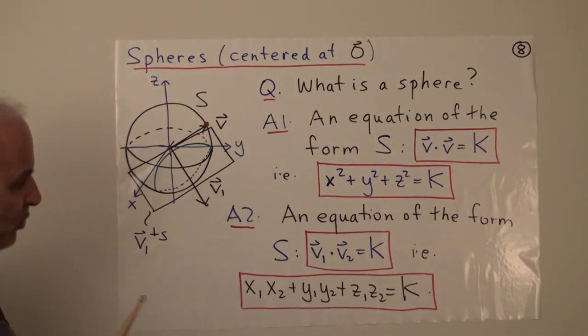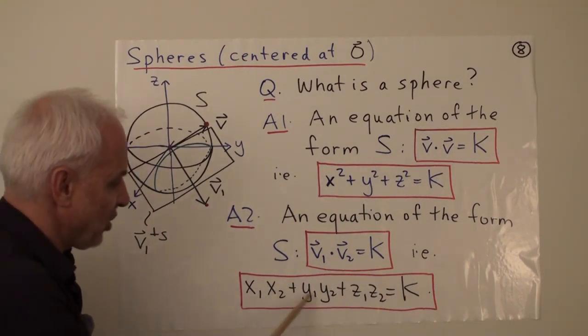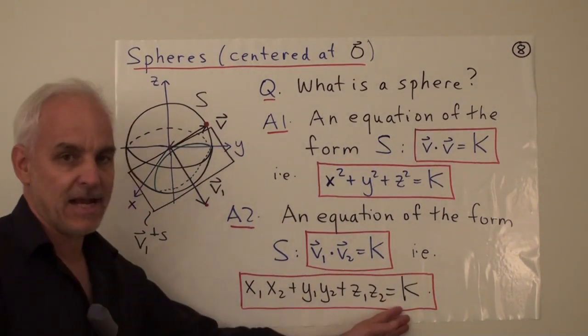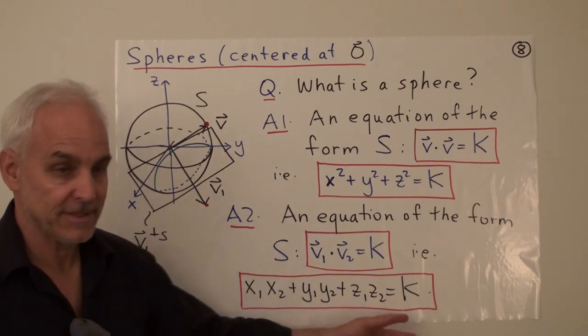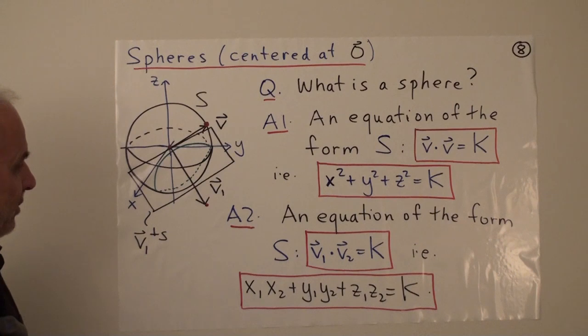And now what we're really doing is looking at those vectors x2, y2, z2 that lie on exactly this plane. This is now a plane whose normal vector is x1, y1, z1. There's v1.